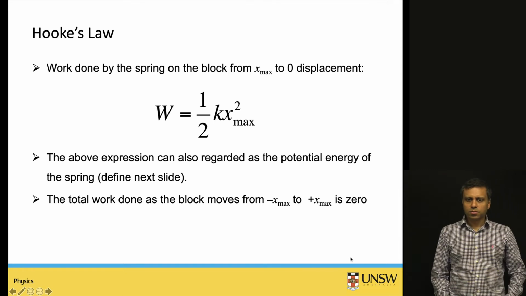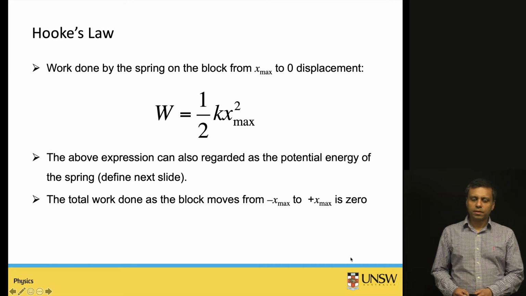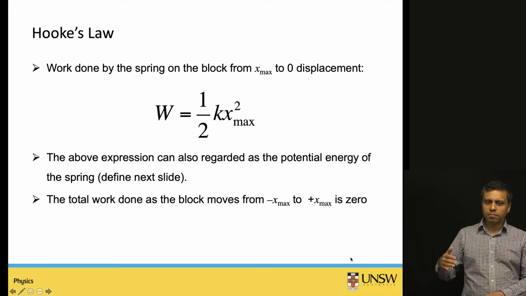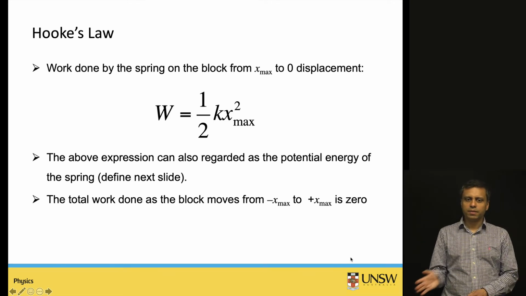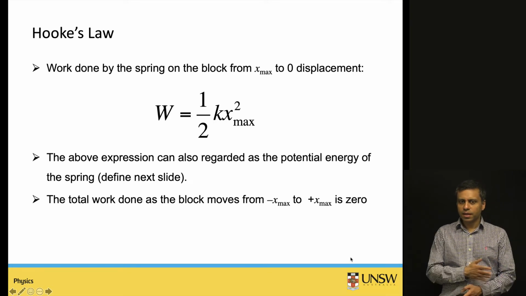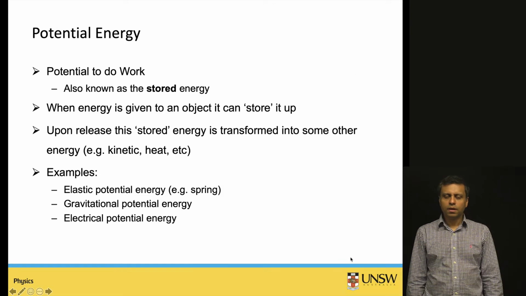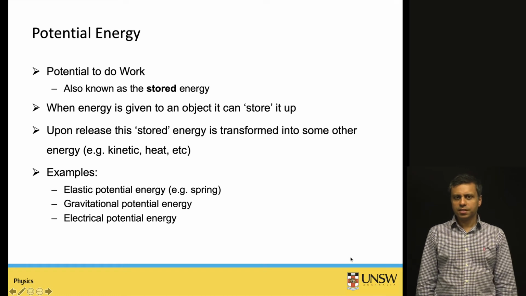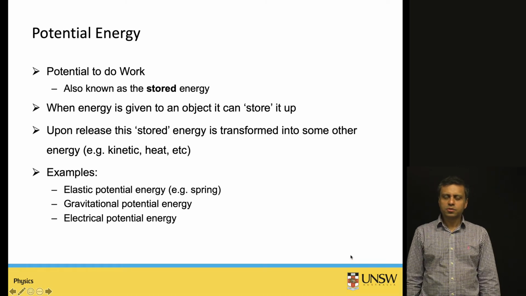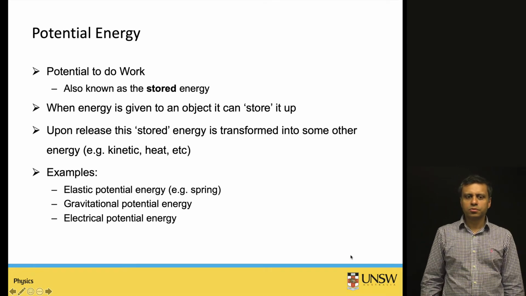And what is the total work done on the system if the object goes from the maximum positive x displacement to the maximum negative x displacement? It is 0, as you can see. Now let us discuss potential energy. Potential energy is basically a stored energy that has the potential to do work.